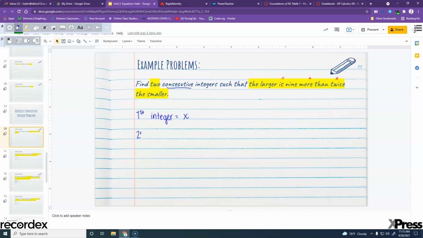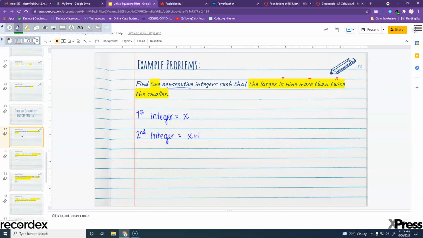I've still got my second integer. And that is still x plus 1. Okay? So, what we're going to have to do is we are going to have to read this and write an equation. It's not going to be just add them together and it equals something, right? Because they give us this long, complicated expression here.